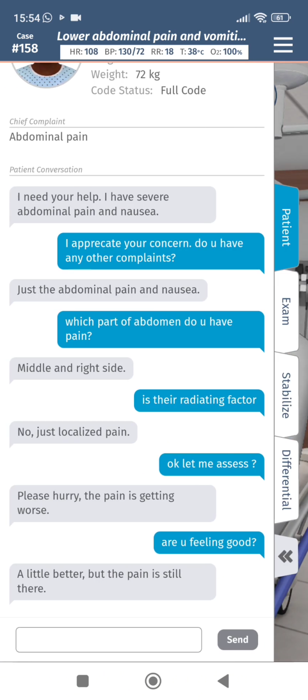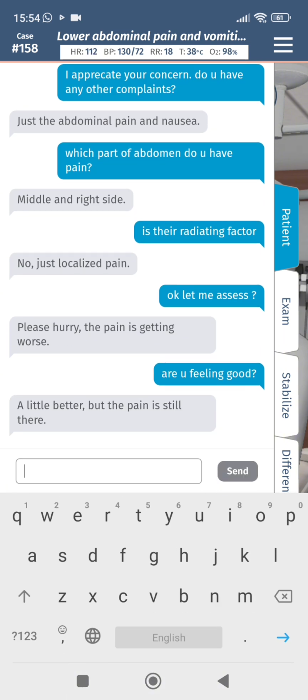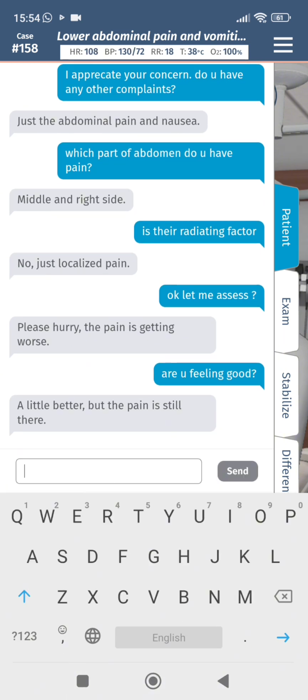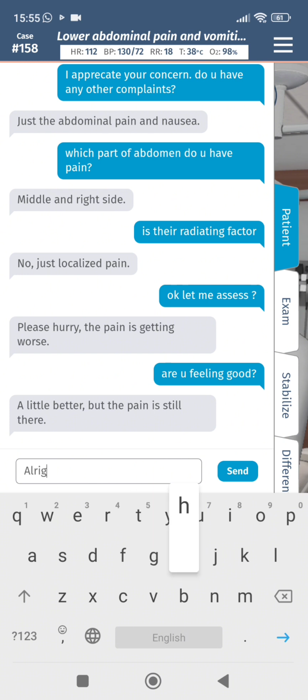So first we reassure the patient. Okay, the patient. Alright, we have given you the medication.